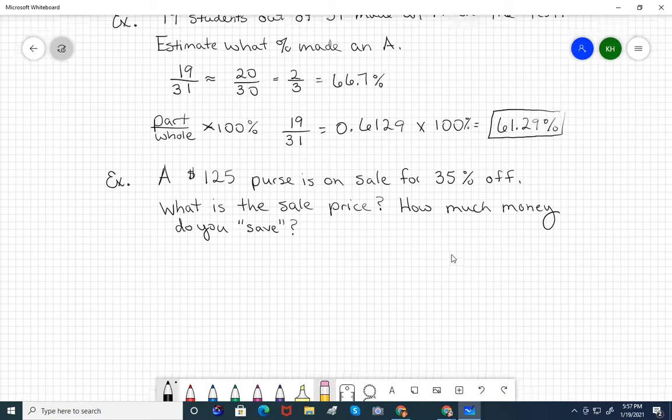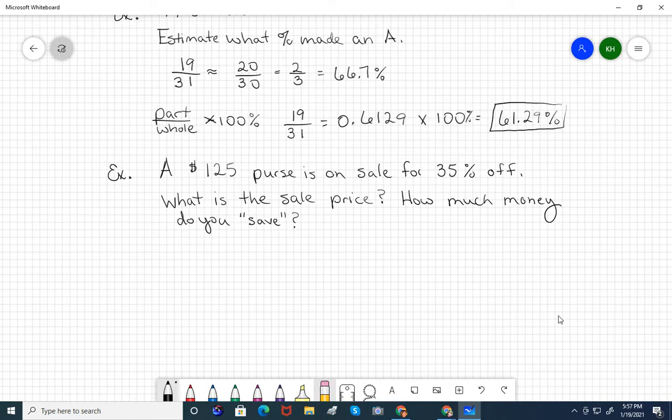There's two approaches to this. The simplest way is to remember that $125 is the entire price. That's 100%. If I do 100% minus 35%, because that's how much I'm going to get off, I'm going to have to pay 65%. So I need 65% of $125.